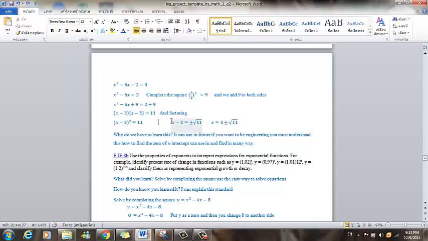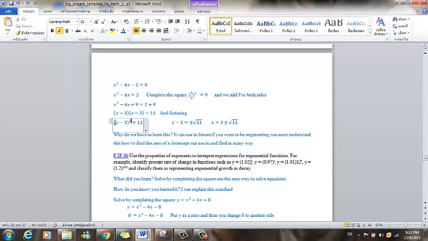So x, this is what you get, right? x minus 3 equals plus or minus root 11. Everyone wonders where the root comes from: to get rid of the square, you have to put a root on this side and a root on this side.